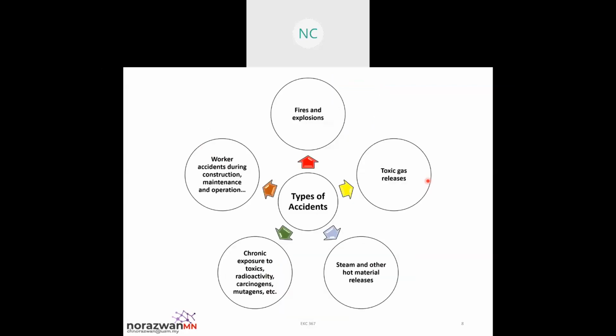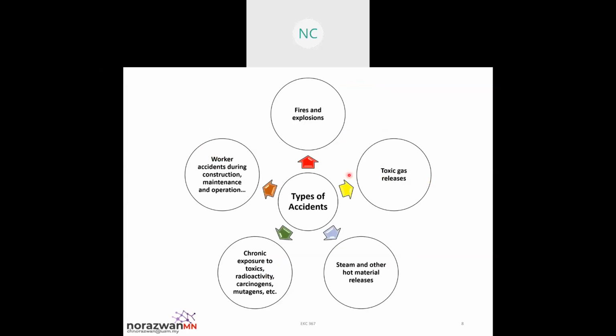When you talk about ISD, mostly ISD has been implemented in chemical plants. Most chemical plants will implement ISD during their design. There are many types of accidents or hazards that have to be taken into consideration when you implement it.